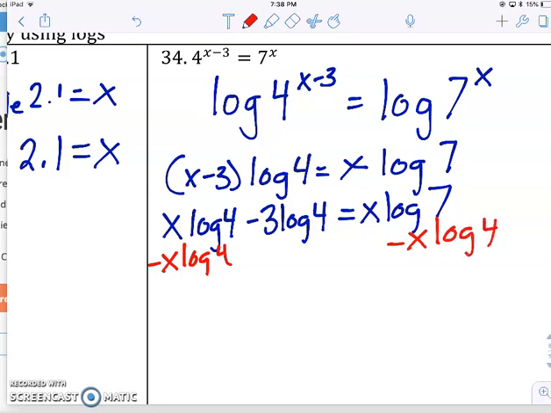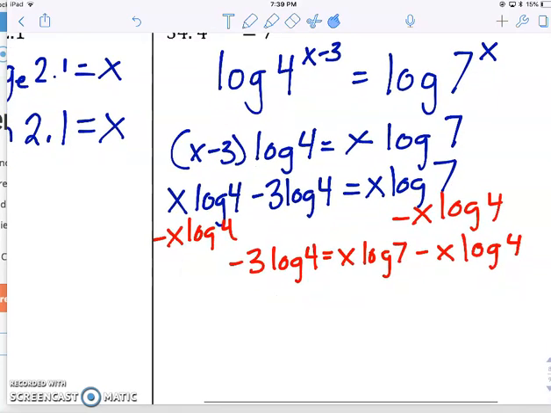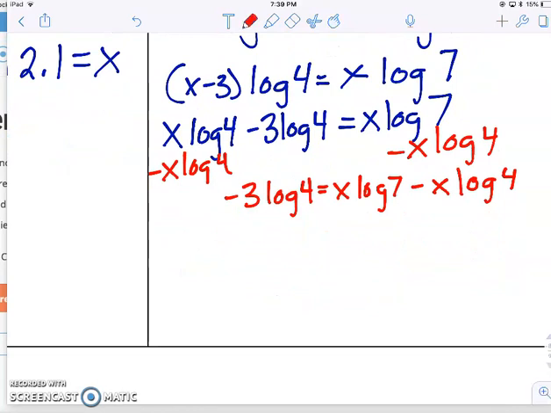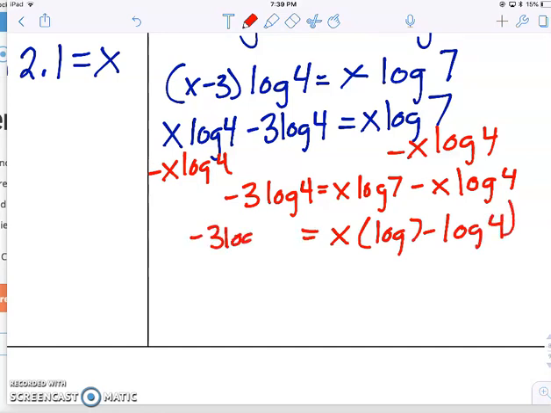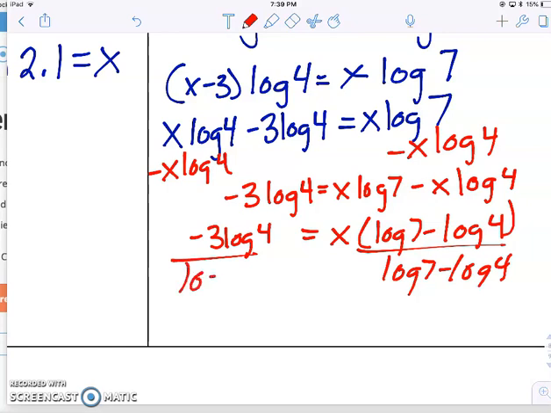And they're not an even scale if you remember those rulers, so we can't combine this. We factor out an x. So then we can divide by log 7 minus log 4. And then you type that into your calculator and see what you get for x.